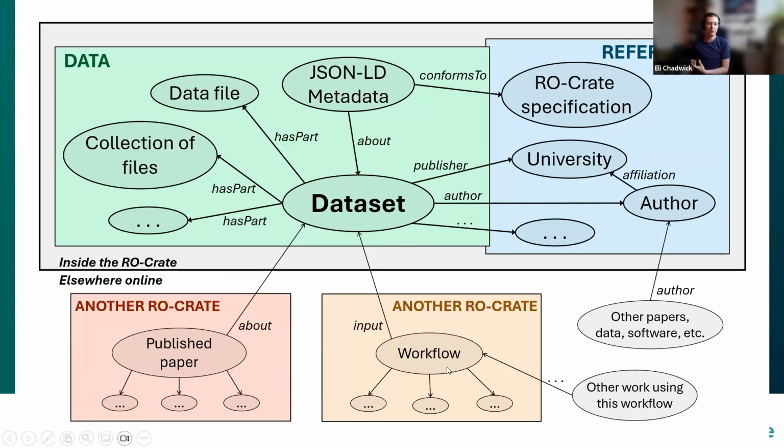Or you might have a workflow that uses this dataset as an input. And then other things on the internet might reference those things and so on. And you build up what we call a knowledge graph. And this can also be interconnected with other knowledge graph infrastructures, such as OpenAIRE, is one of the existing ones that gets a lot of its metadata from places like Zenodo. This is entirely compatible with that kind of infrastructure.